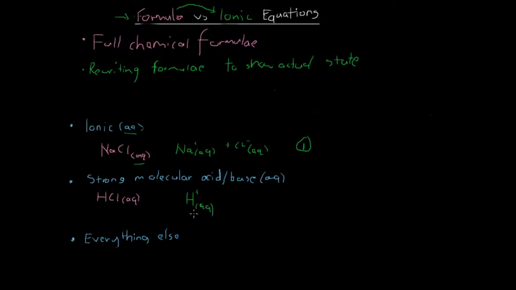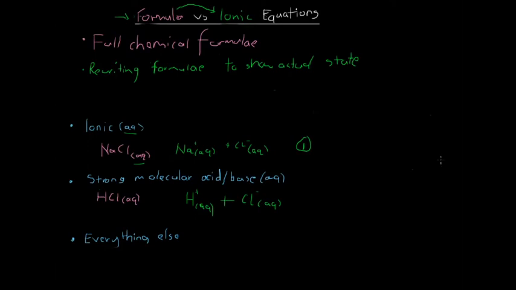Now that's where this becomes interesting. The reason we're not considering this an ionic compound is because a proton, or H plus, is not in fact an ion. However, if we consider it the same way we consider an ionic compound, we'll get the same result. So we're dissociating the proton and the chloride ion. That's how we write hydrochloric acid in an ionic equation, or any other strong molecular acid or base. Everything else we leave unchanged.